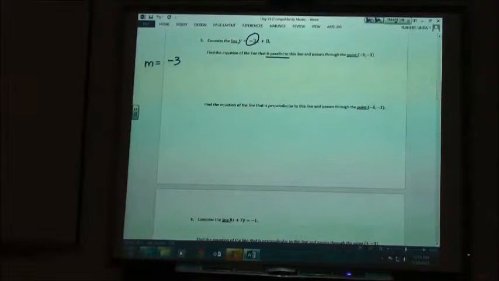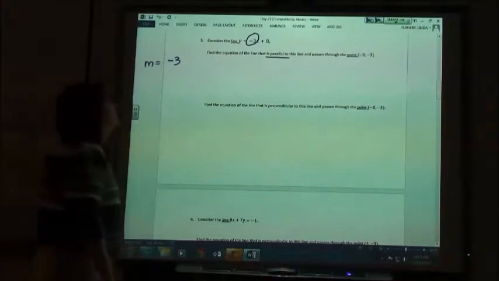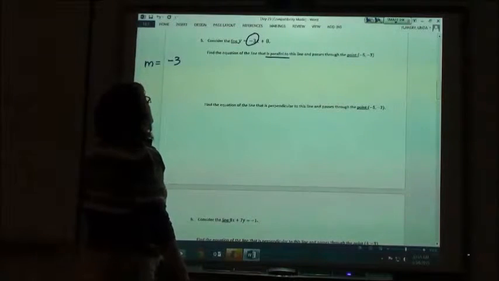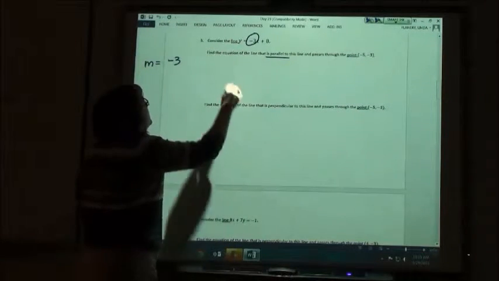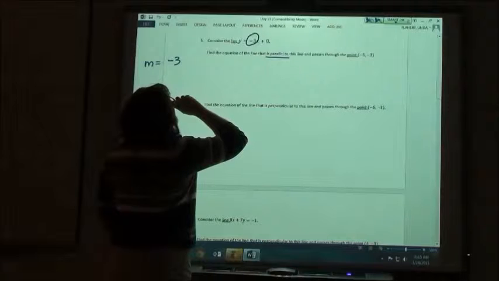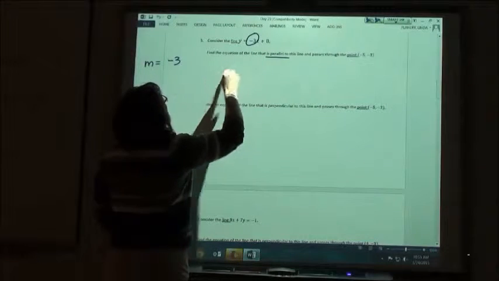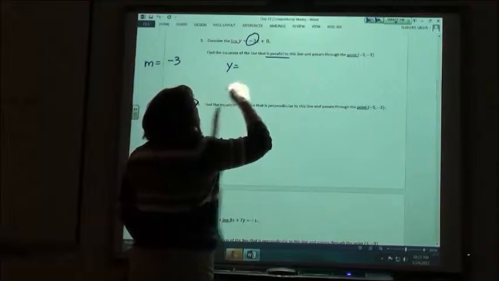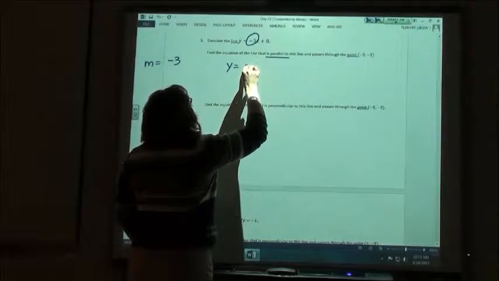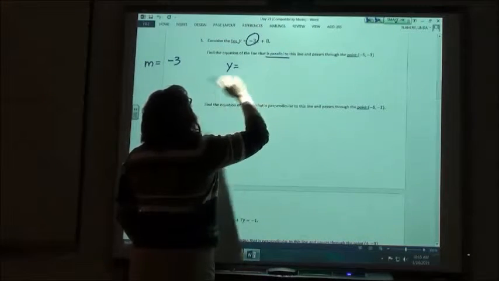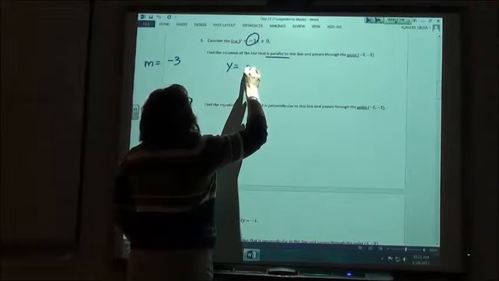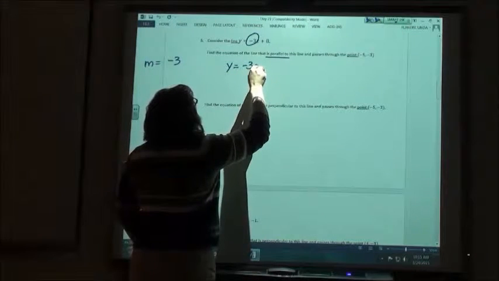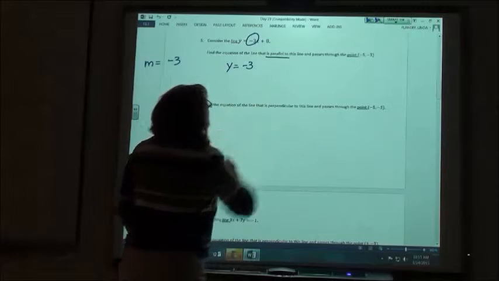So if I want to write the equation of the line, what should I do? So it's going to be y equals 3x plus 8, but then your y is going to be -3, and your x is going to be -5.